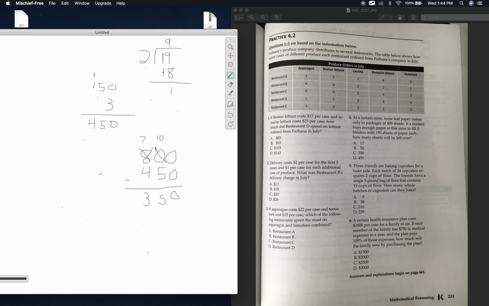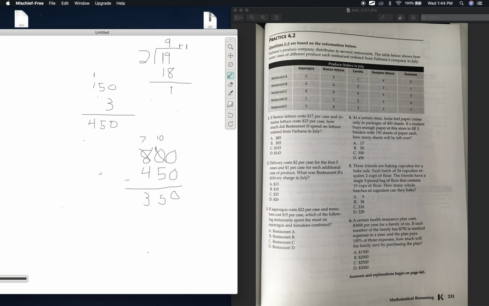And can 2 go into 1? No, it cannot. So we can't further reduce this. So we have a remainder of 1. Okay. So the remainder of 1 really doesn't matter because we can't make a whole batch with 1 cup of flour. It has to have 2 cups of flour per batch.